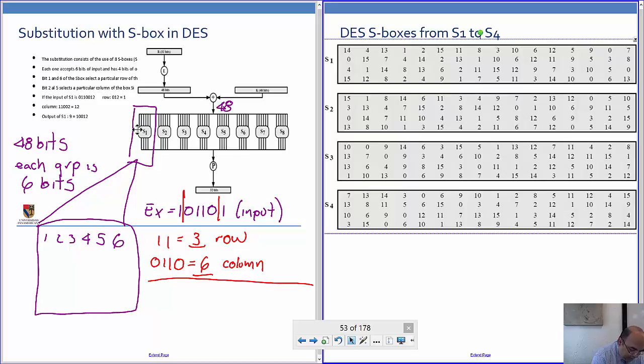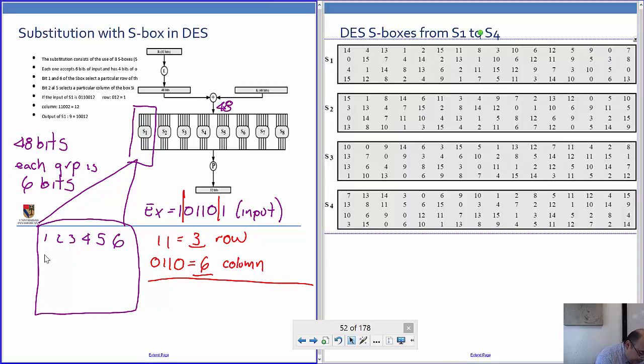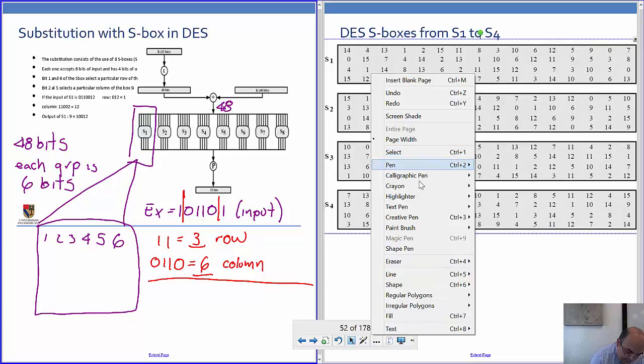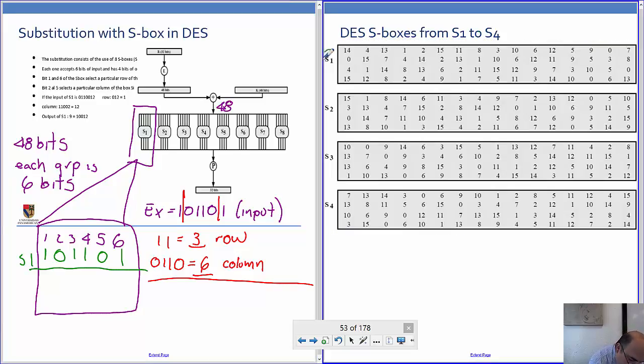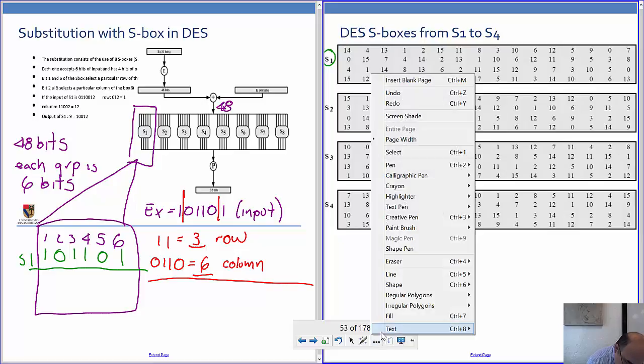So in here, the example was 1 0 1 1 0 1, and we choose S1. Let me pick another color.